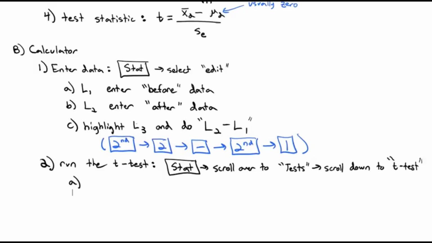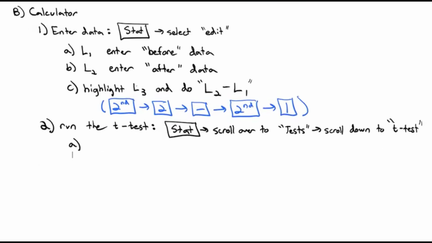So when you're running the t-test, you have to enter in some information. First thing you want to do is highlight data, because you have entered the data into the calculator. We don't have the summary statistics. We actually entered the data this time, and that is different than our last t-test.